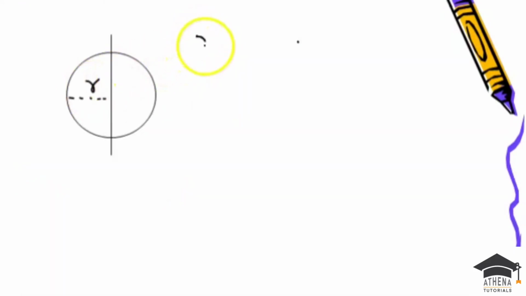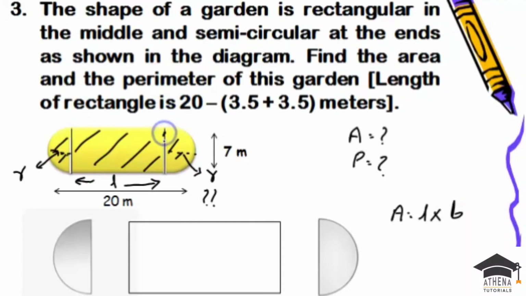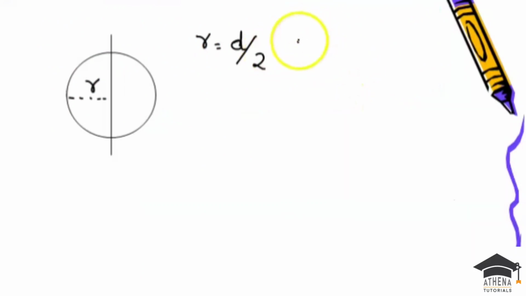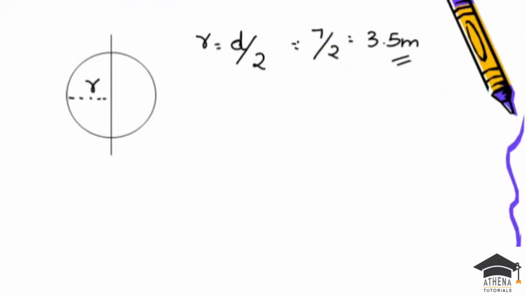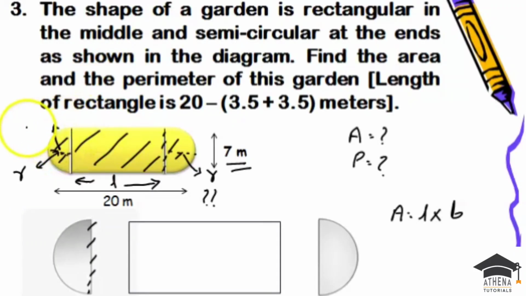How to find the radius? It is nothing but the half of diameter. So where is diameter here? Diameter is here. Diameter is 7 meter. This part is diameter. So 7 by 2 is equal to 3.5 meters. So radius of the semicircle is 3.5 meter. So this side is 3.5 meters and this part will also be 3.5 meter.